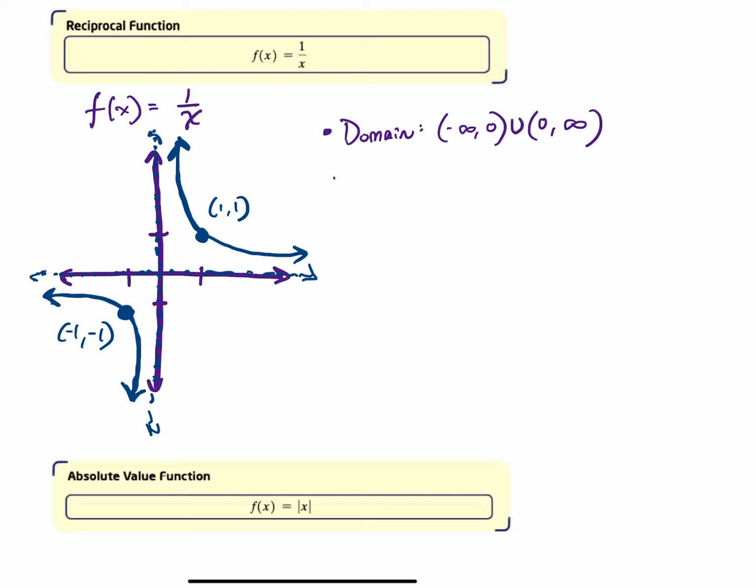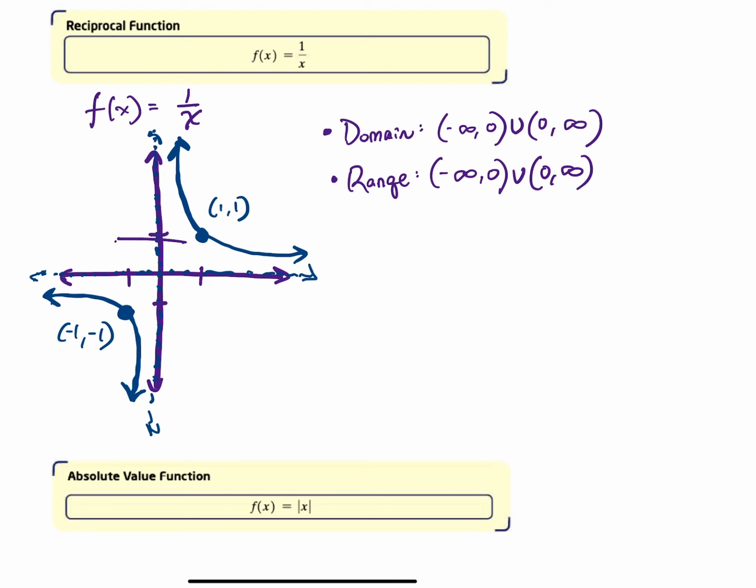And then we can make a similar statement for the range. The graph exists all the way up until 0, then we're skipping over 0 and then continuing on. It can be equal to anything except for 0. So negative infinity to 0, union 0 to infinity. How about symmetry? This is an odd function.